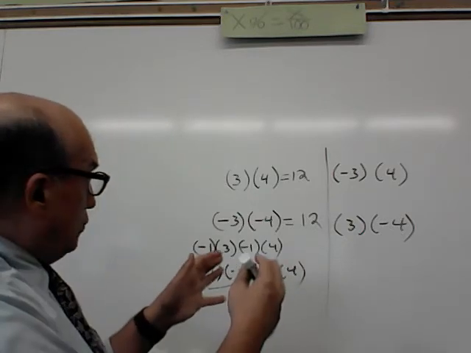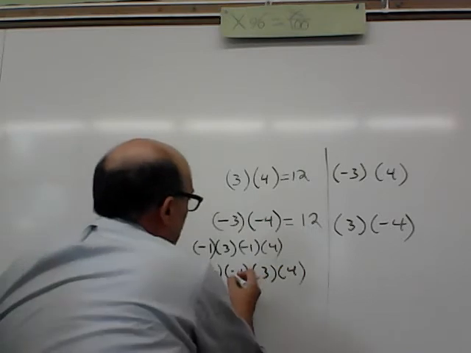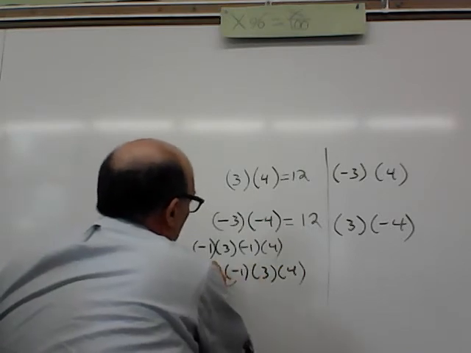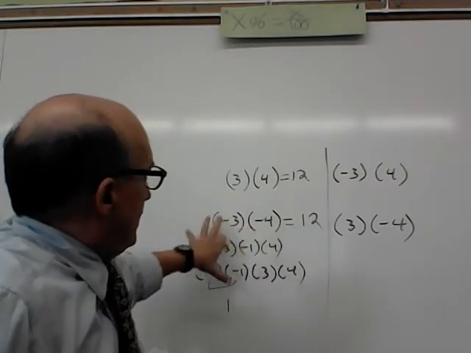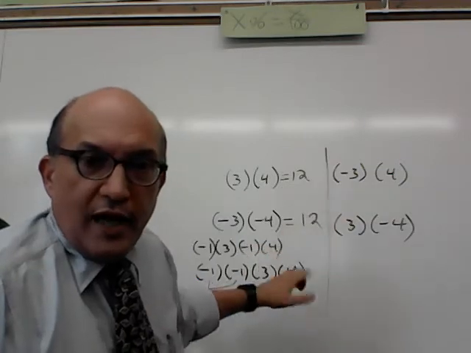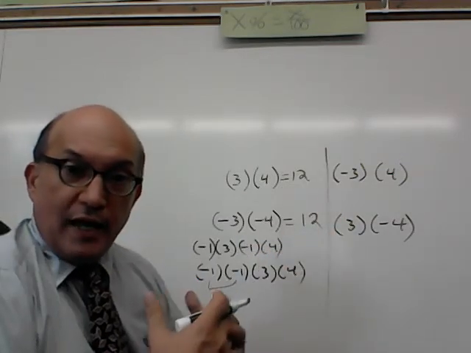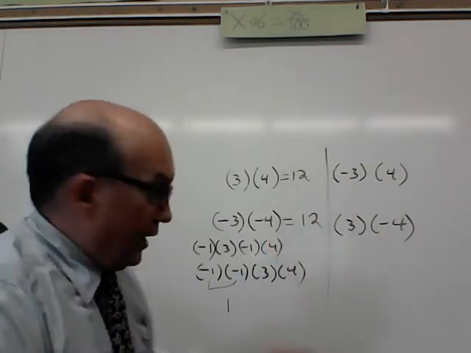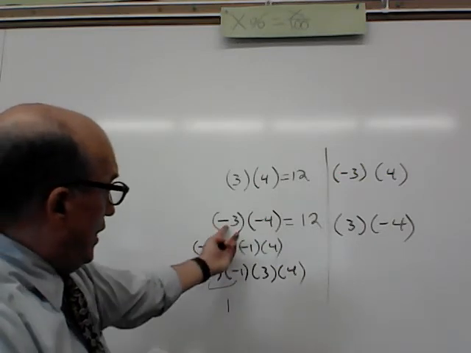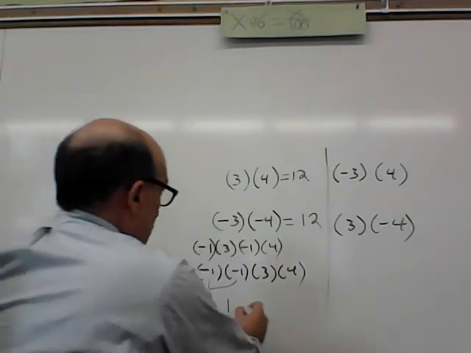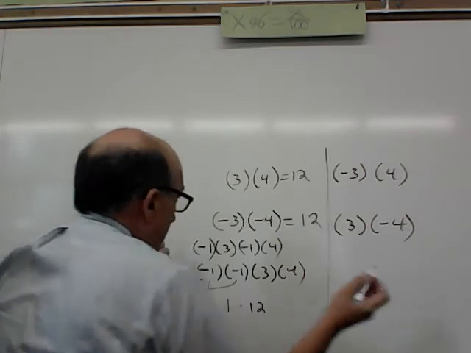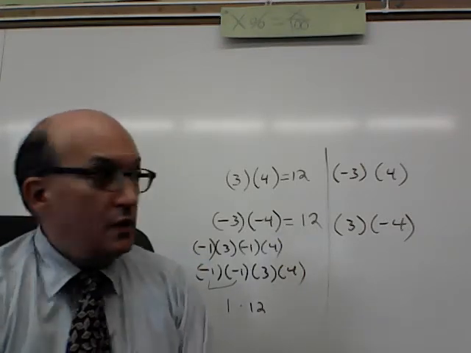But once we prove that -1 times -1 is 1, then we can take any situation where there's a negative number and pull that -1 out, like we did here to do -3 times -4. So this is 1, and that's 12, and 1 times 12 is 12.